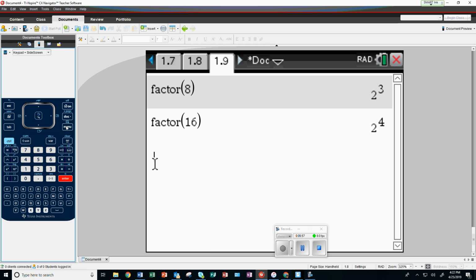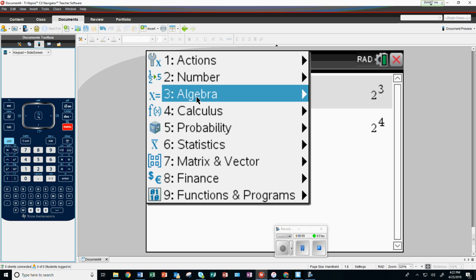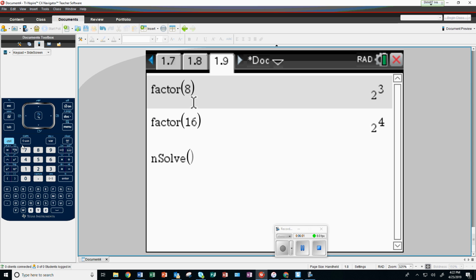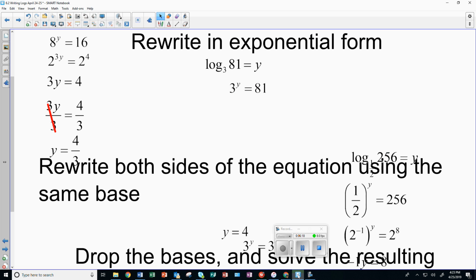So if I go to my calculator, menu, oops, sorry, I didn't want to do that. Let's try this again, menu 2, 3. And I'm going to factor, what am I going to factor? Go back to the problem here. I factor 81.